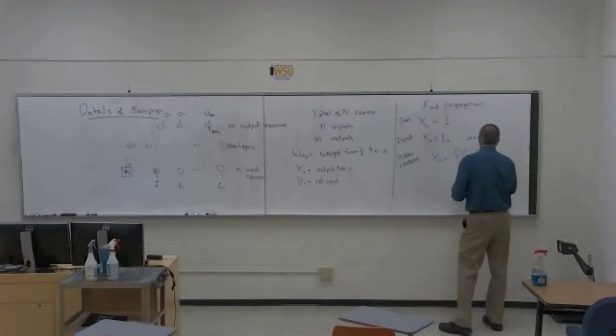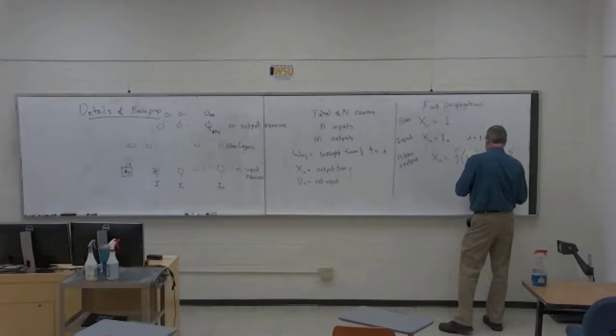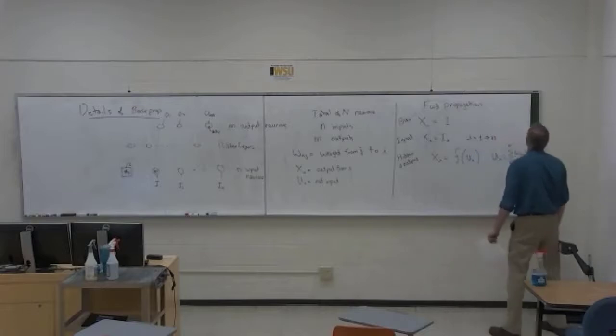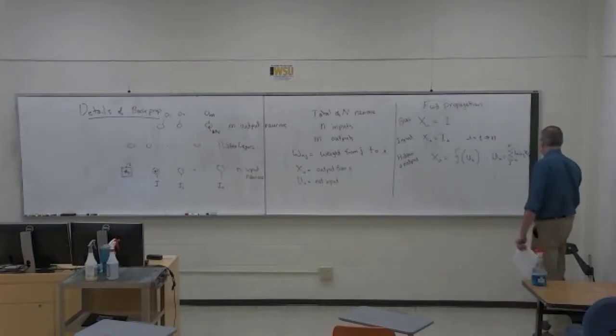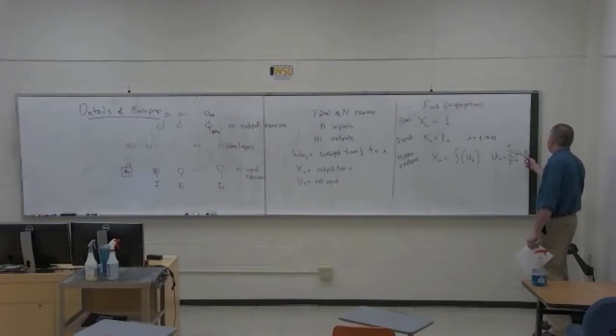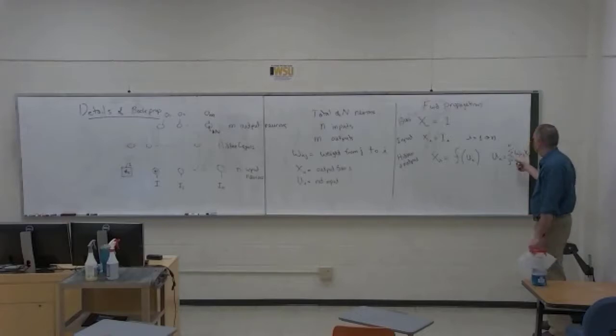You calculate the net input, u sub i. So this summation just says, okay, we take all of the x's coming out of all the other neurons, multiply by the weight connecting it together, and add them all up. So that's just how we've always been doing it.